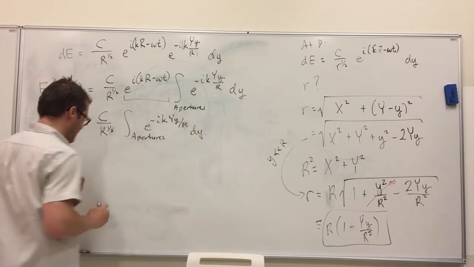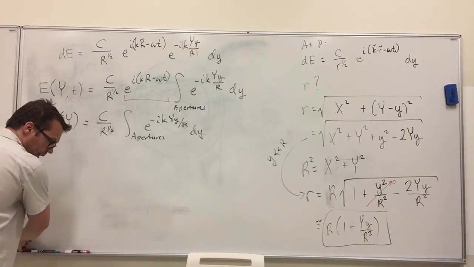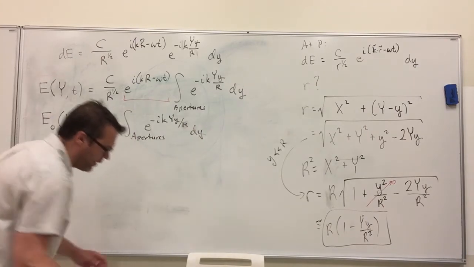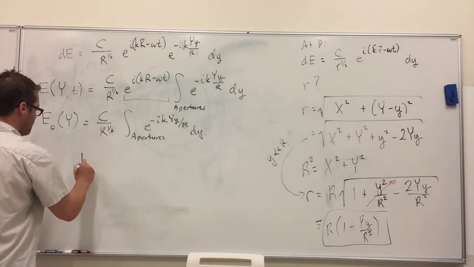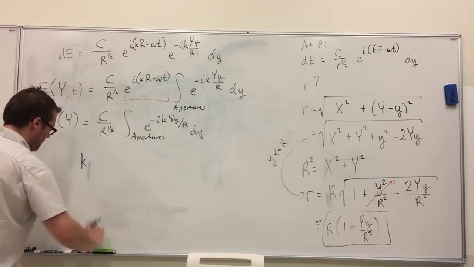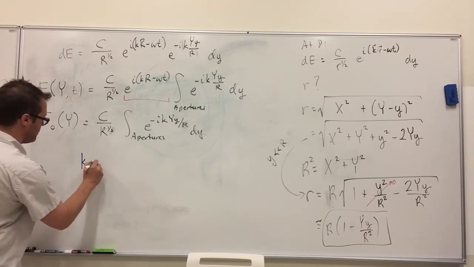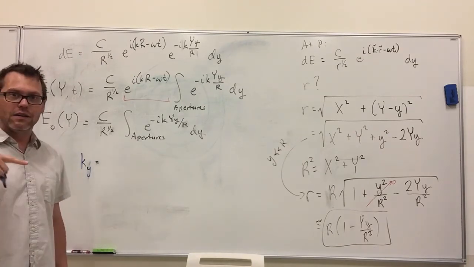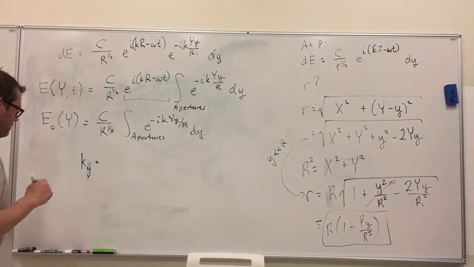dy. Now, one more thing that I'm going to do here, just to make my life easier. I'm going to define k_y, that is the y component of my wave vector.